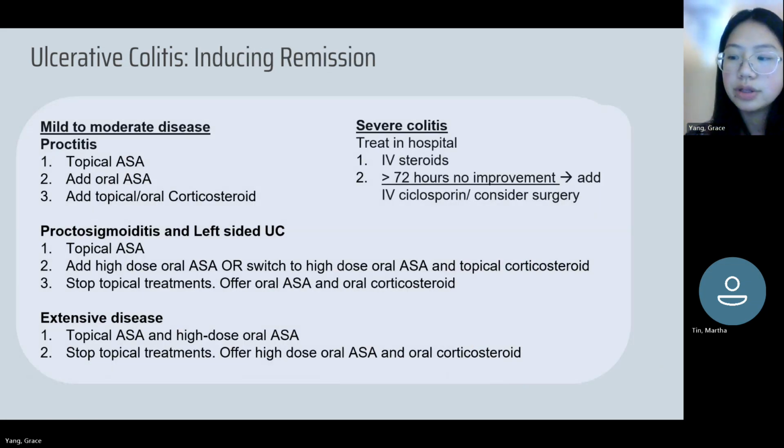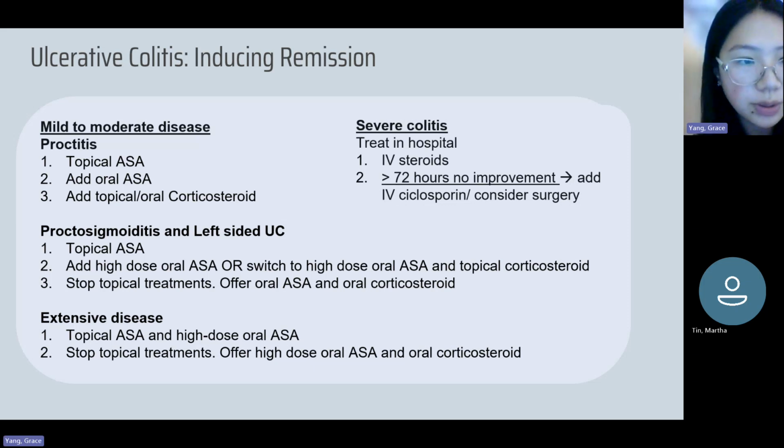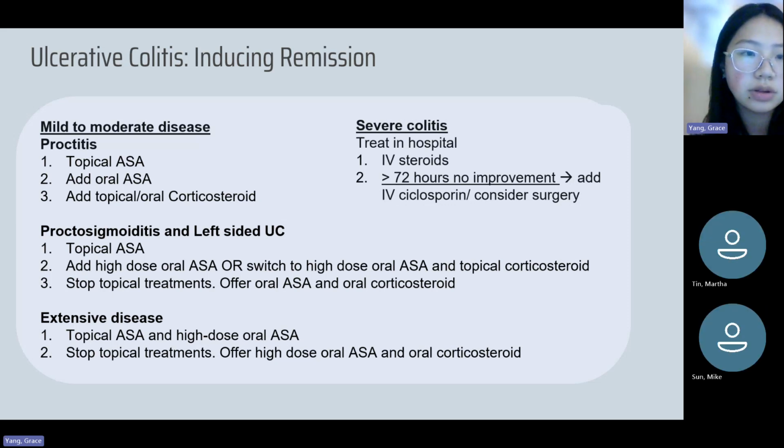So to induce remission, if it's a mild to moderate disease and you go through the criteria that we've been through before, you give them mesalazine or any sort of ASA drugs. So first it will be topical, and then you add oral, and then you move on to corticosteroids.